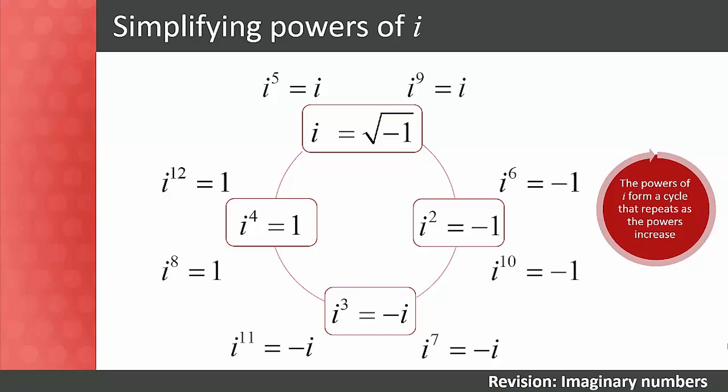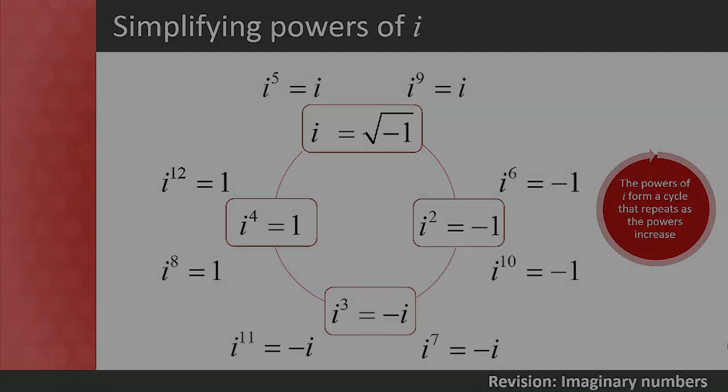This time we are simplifying imaginary numbers that have negative powers. Let's look at this complex number question as revision from mathematics level 3. i to the power of -7. How will we simplify this?